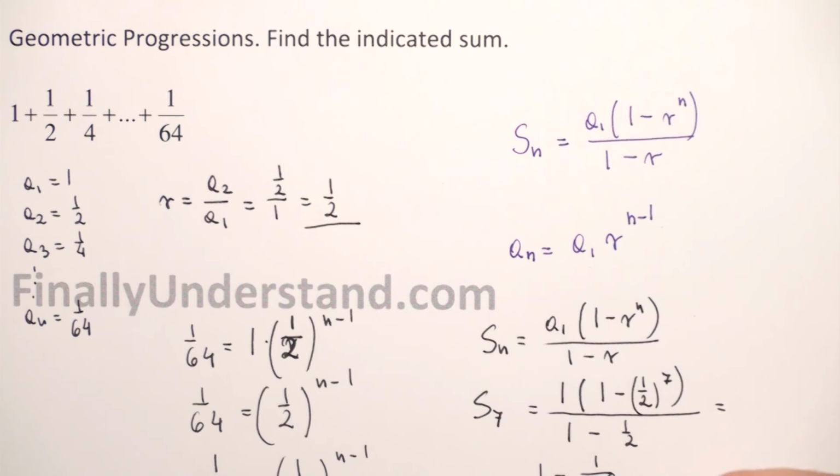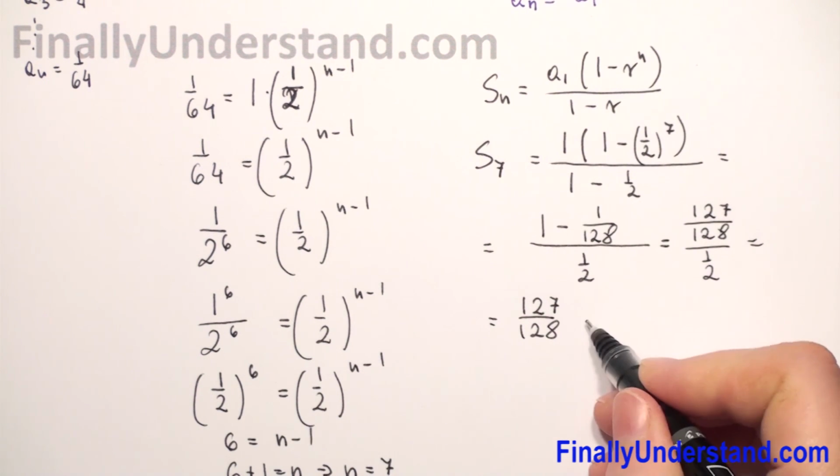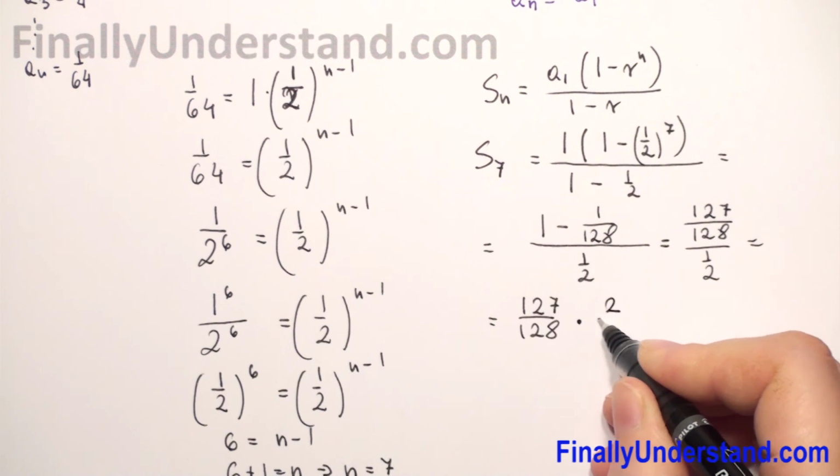So this is equal to 1 minus 1/128, over 1/2. We changed 1 to the fraction 128/128, and 128 minus 1 is 127, and the numerator we copy, over 1/2. For the division of two fractions, we copy the first fraction, 127/128, change the division sign to multiplication, and flip the denominator, so it will be 2 over 1.